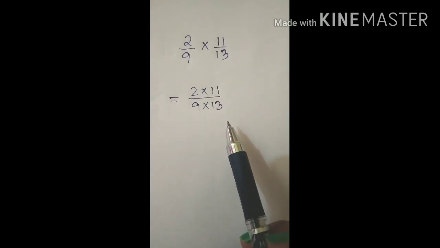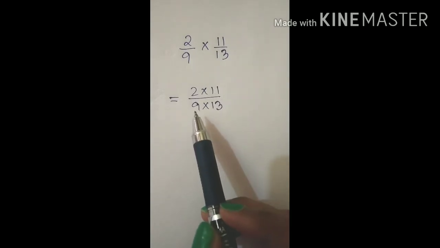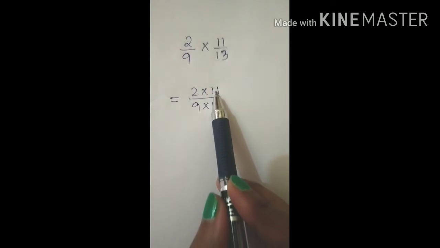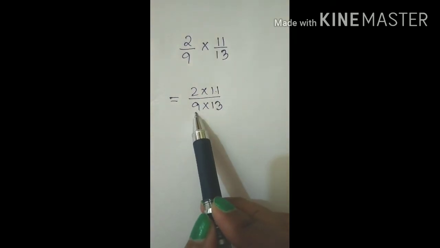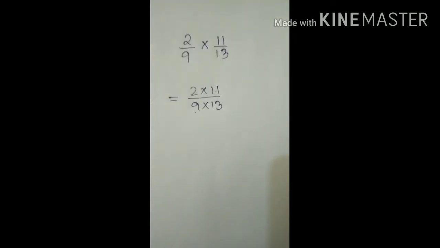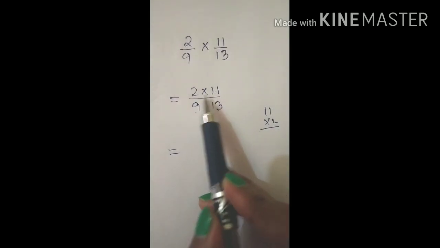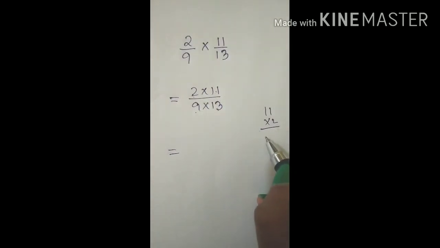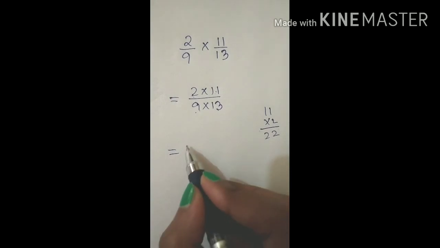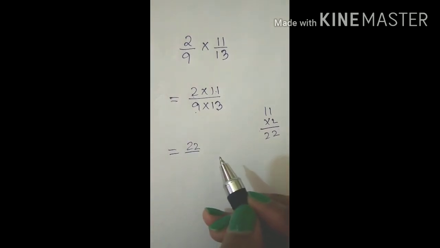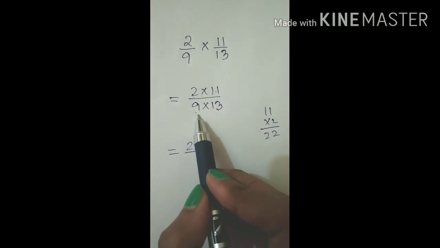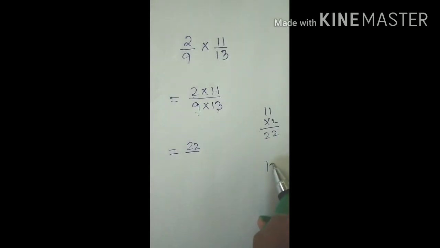So what we are going to do here is directly multiply the numerator with the numerator and the denominator with the denominator. We will multiply 11 with 2. So 11 multiplied by 2 is 22, and we will multiply 9 with 13.